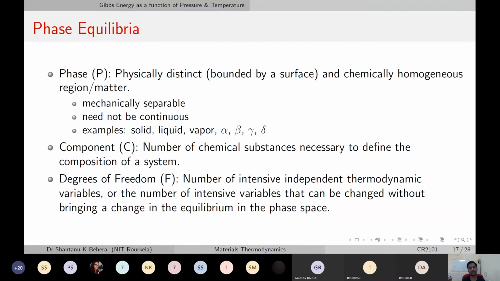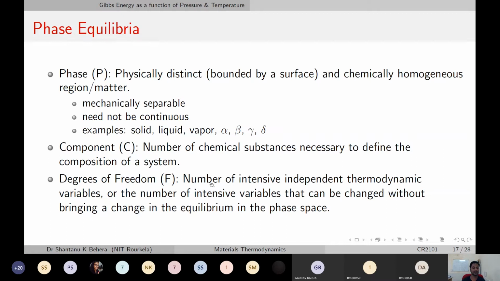Most important, most generic ones are temperature and pressure. Now the degrees of freedom means how many such thermodynamic parameters can be changed independently without bringing about a change in the stability of the system, the stability of the particular phase. That's called the number of degrees of freedom, denoted by F.